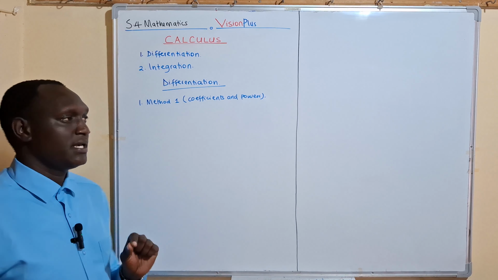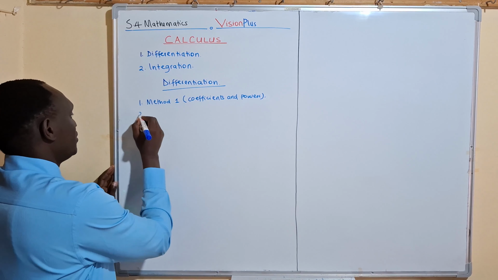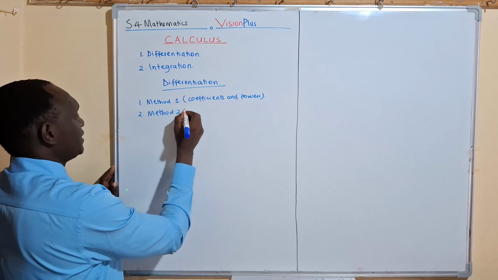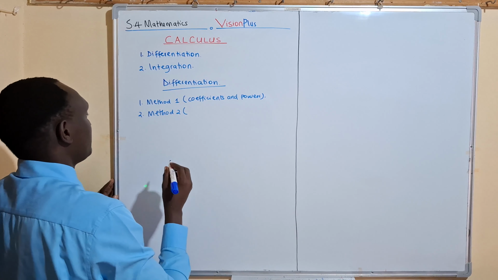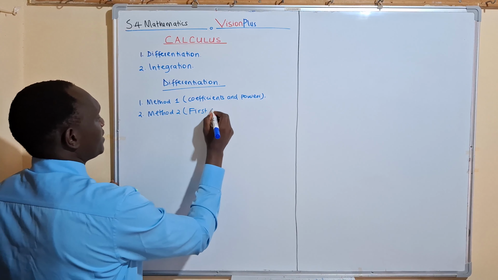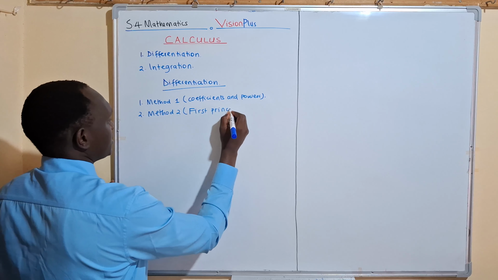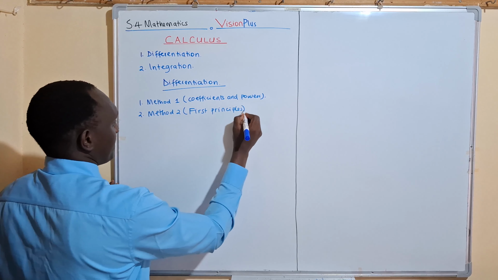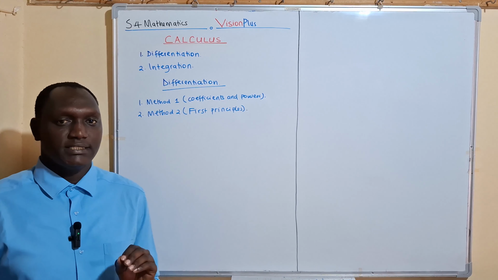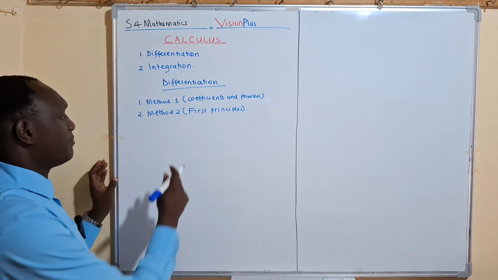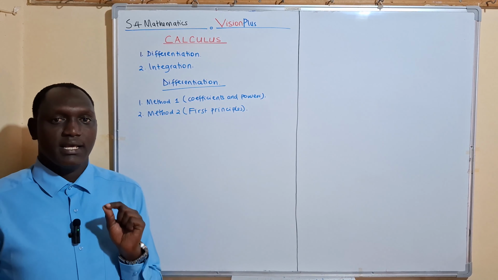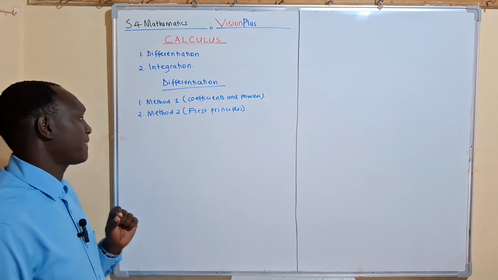That is 1. 2, in method 2 that we shall use to differentiate given expressions or functions, we shall be differentiating from the first principles. We shall see how we can differentiate from first principles. Both methods, that is method 1 and method 2, give us the same answers.